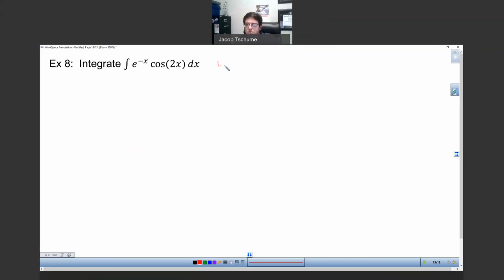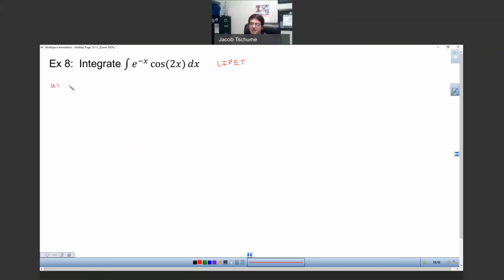So when you use LIPET to determine what your u should be in integration by parts, there are no logarithms, there's no inverse trig, there are no polynomial functions, you make it all the way to e.